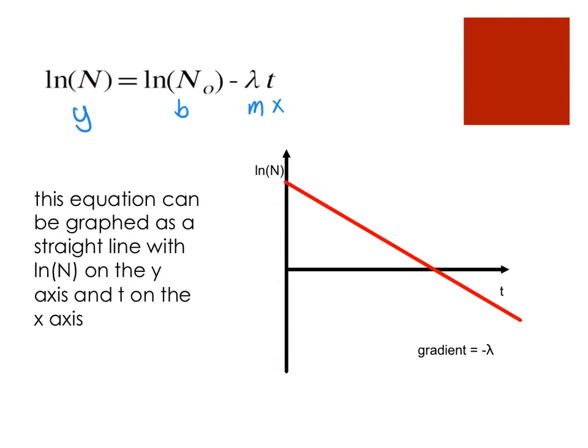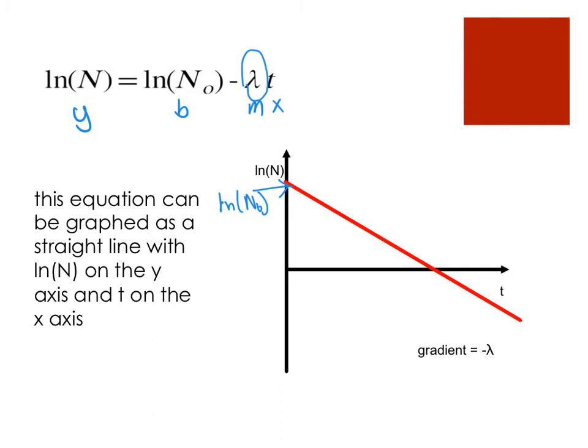So take a look. I have a straight line. If I get the gradient of that line, it will be my decay constant. And this value right here, my y-intercept, will be ln of N naught.